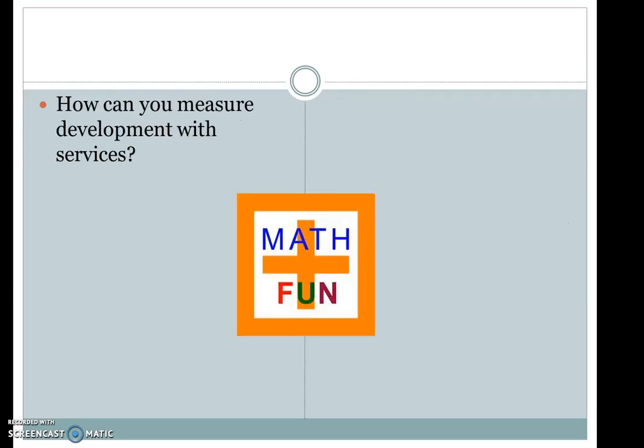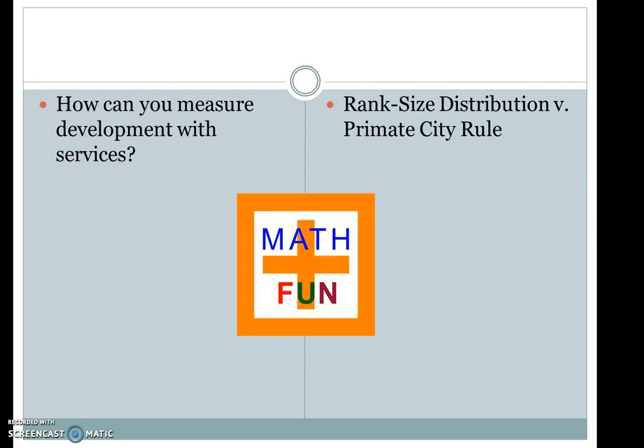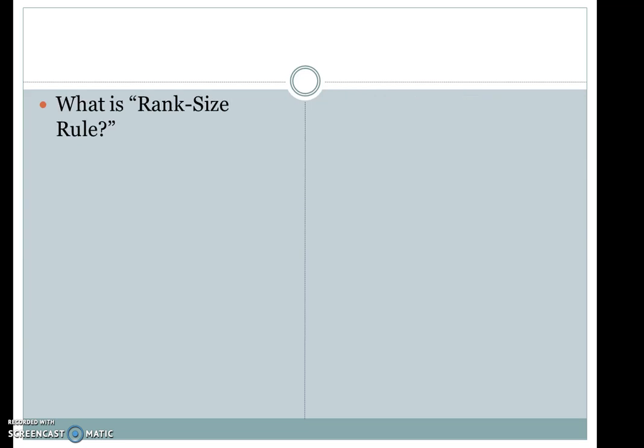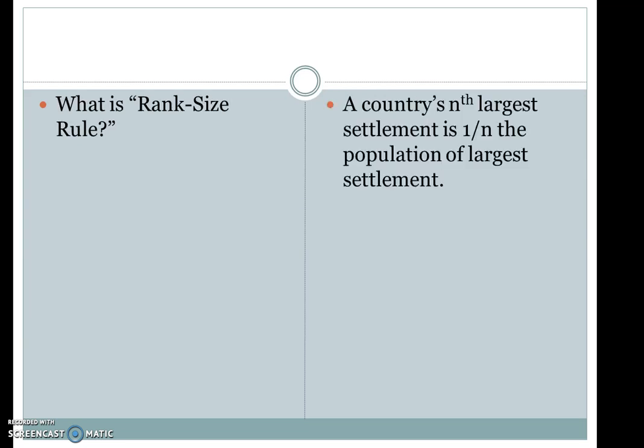So one way to measure the development of services is a fun little math project. There are 2 different phenomena described, one as rank size distribution and the other as primate cities, or the primate city rule. The rank size rule is when, and we have to jump to algebra here, n is going to represent a number. A country's nth largest settlement is 1 over n the population of the largest settlement.